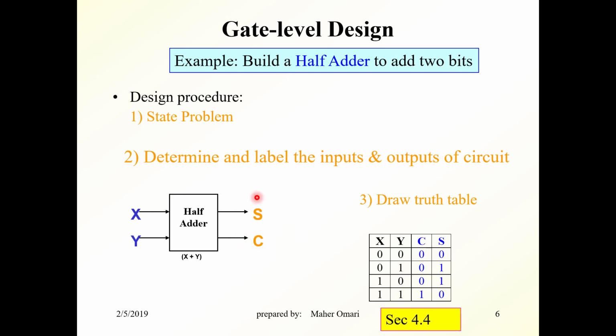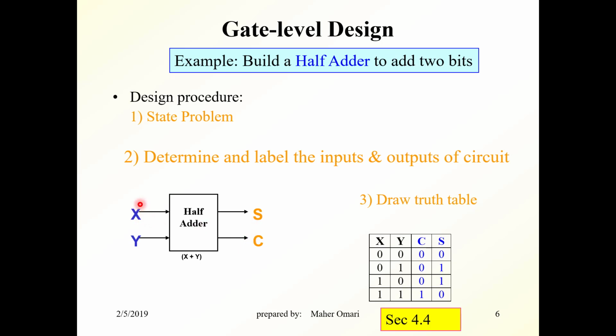Okay, the second step is to determine the labels of the inputs and the outputs of the circuit. What should you label the inputs? What should you label the outputs? Try to give them names that are related to their function.